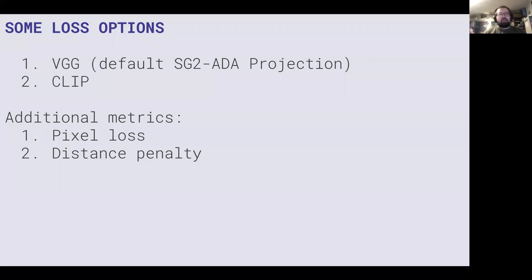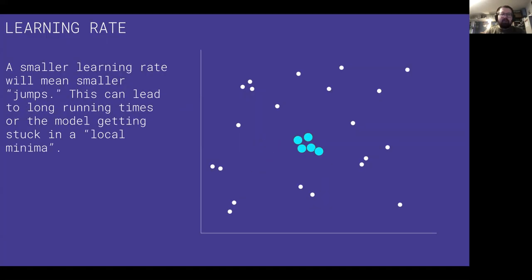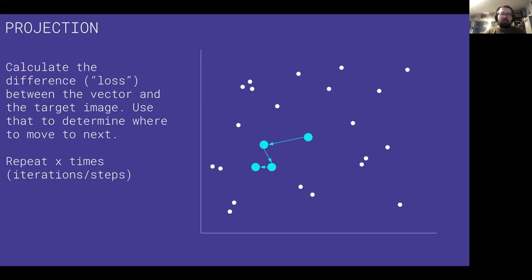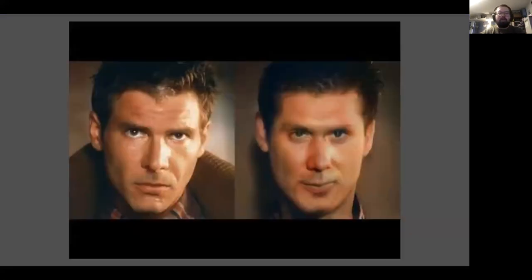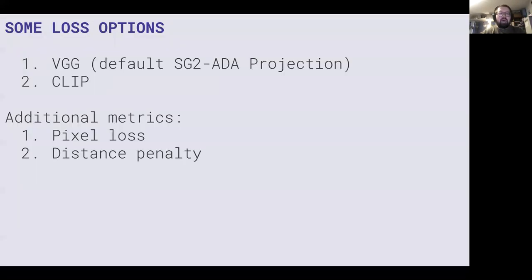You can do this with any loss. There are a bunch of loss options here, right? The idea is that there's a scoring system, and somehow you're getting a score. How do you get a score? There could be a couple of different ways. You could compare both images using a model like VGG16, which is a really old school but sturdy way to compare two images and see how different they are.